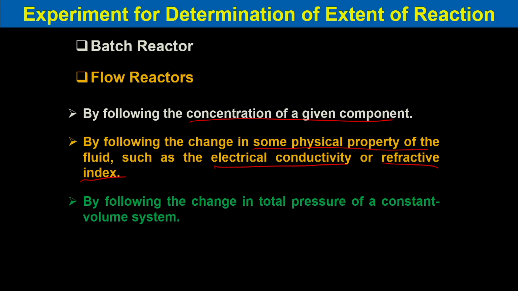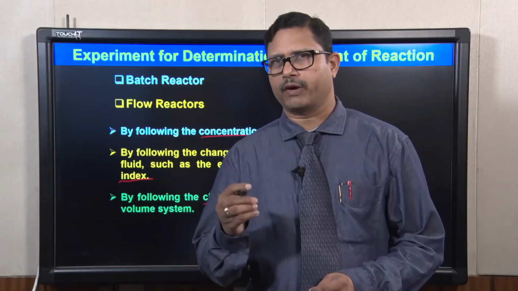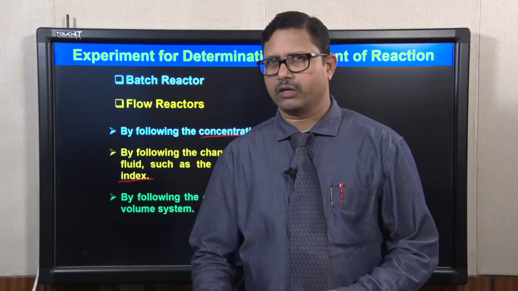We can also follow the change in total pressure in a constant volume system. That means, if the reaction happens in gas phase, we can see the change of partial pressure of a particular component at constant volume.